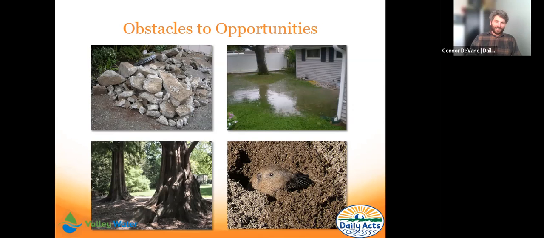Or, I don't know about down in the Valley Water, Santa Clara County area, but up here in Sonoma County, gophers are everywhere. So we have this kind of default to approaching obstacles or inconveniences, you might say, from a mindset of, cart off what we don't want, truck in what we do want.